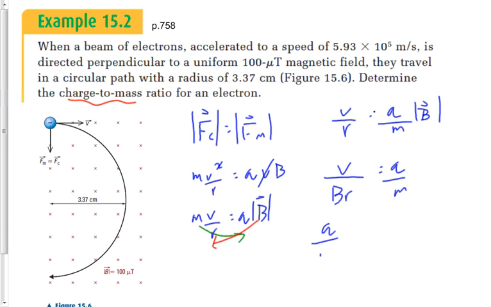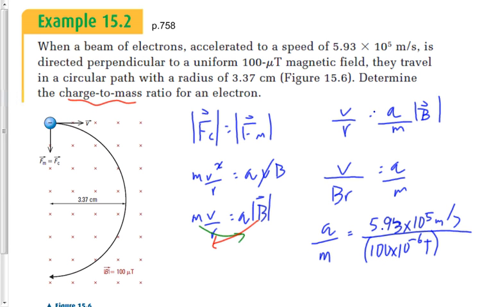All right, we don't know Q, we don't know M, so we're going to have to find the charge to mass ratio indirectly. V is 5.93 times 10 to the 5 meters per second. B is 100 microtesla, so it's going to be 100 times 10 to the minus 6 Tesla.